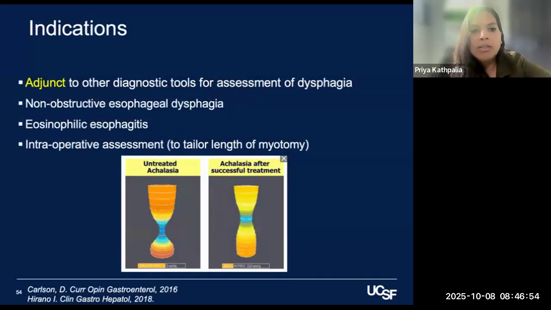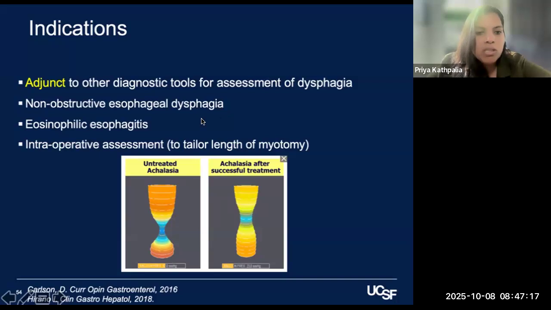Indications for EndoFlip include that it is an adjunct to other diagnostic tools for assessment of dysphagia. So you don't want to rely just on EndoFlip in the evaluation of these patients. It is also indicated in patients who have dysphagia and maybe have an inconclusive manometry.